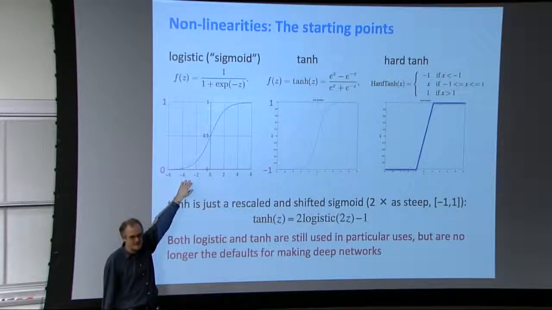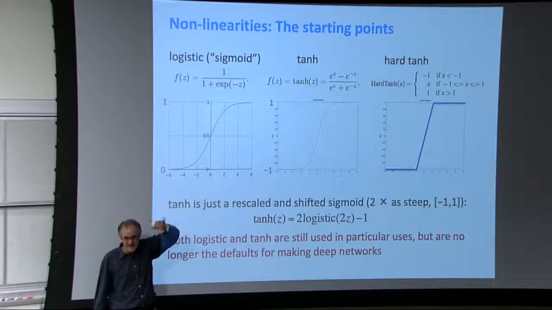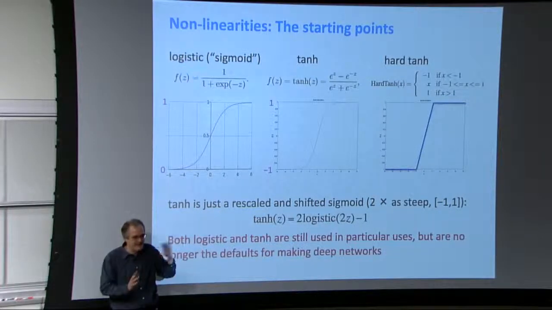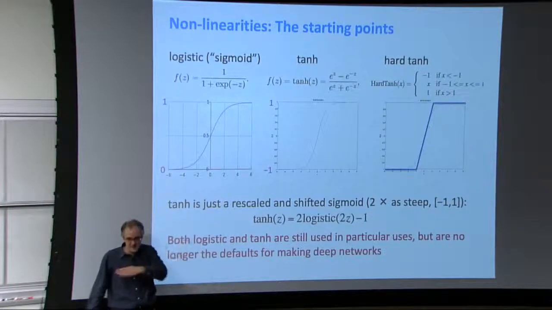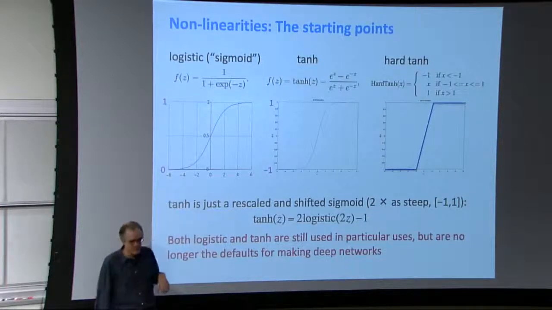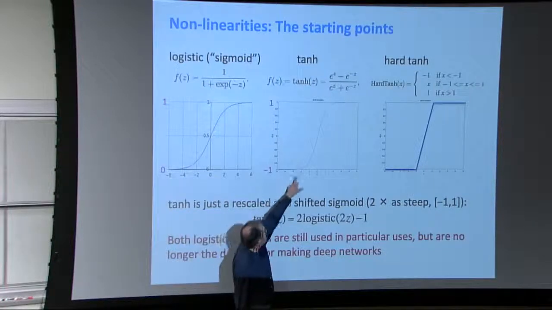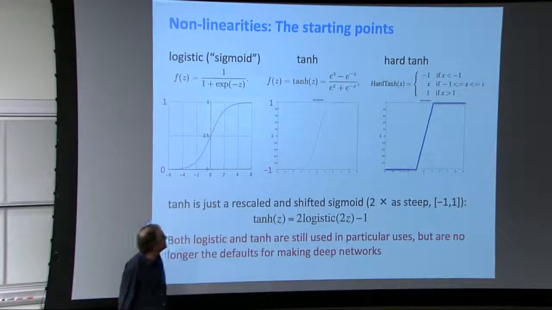The only place these are used is when you actually want a value between 0 and 1 as your output. So we'll talk later about how you have gating in networks, and so gating is a place where you want to have a probability between two things, and then you will use one of those, but you use them absolutely nowhere else.